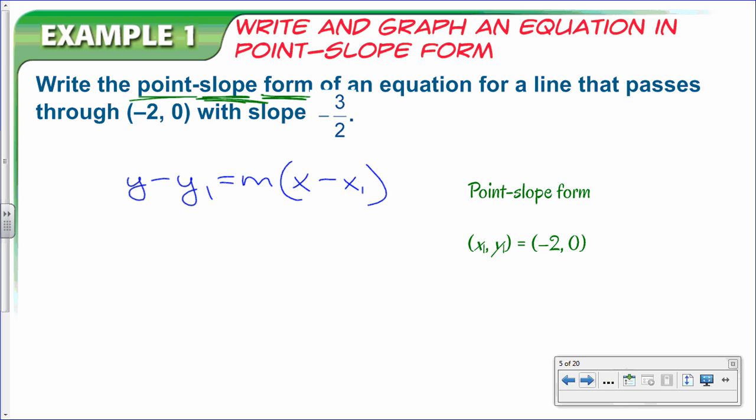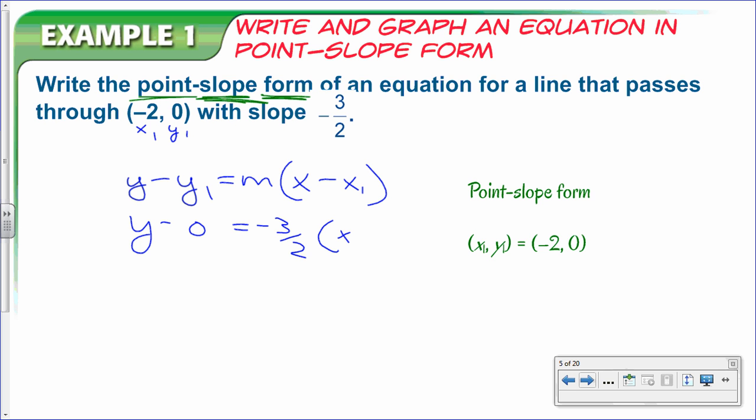Now it just becomes a matter of plugging everything in. How do I know what goes where? This is x1 and y1. Okay, so y minus 0 equals, what's my slope? Okay, and then x.